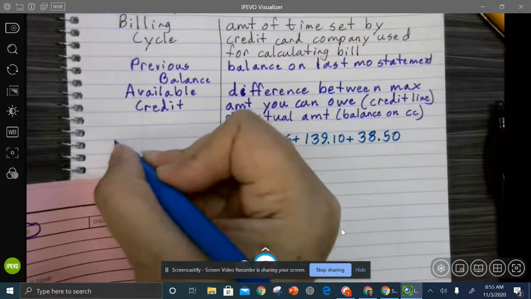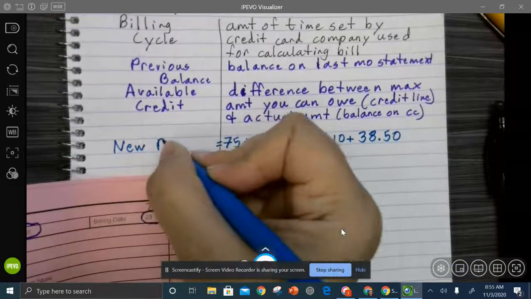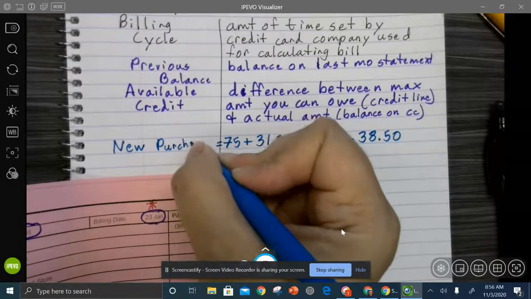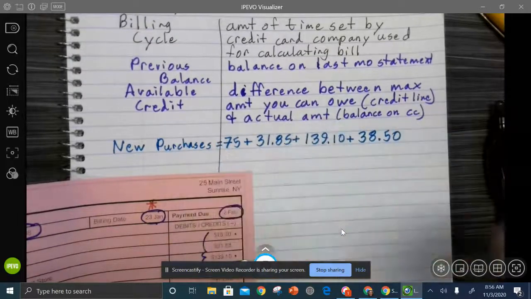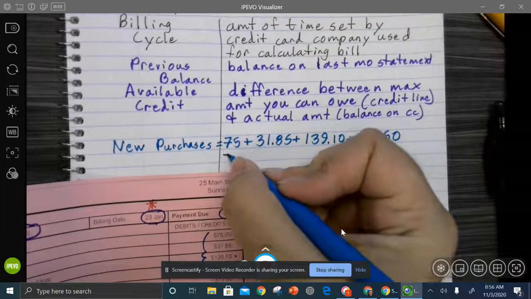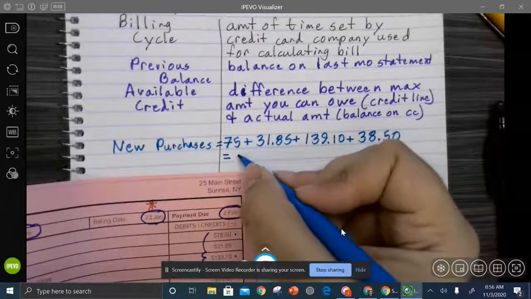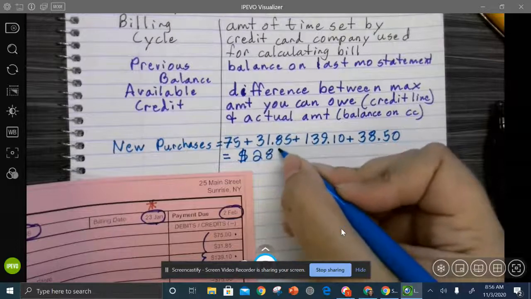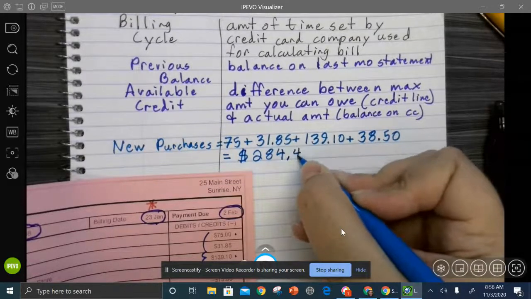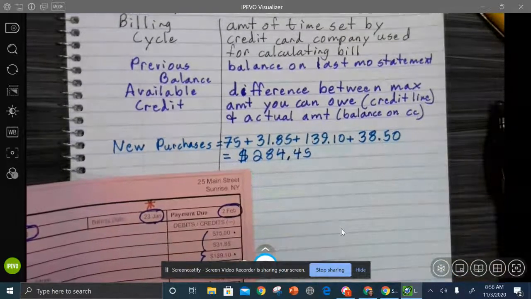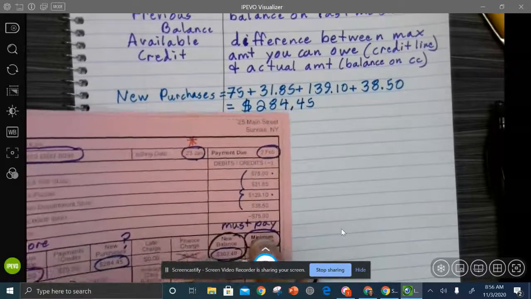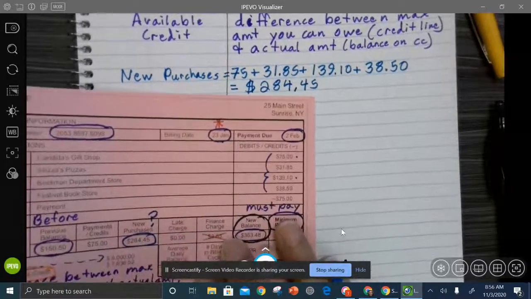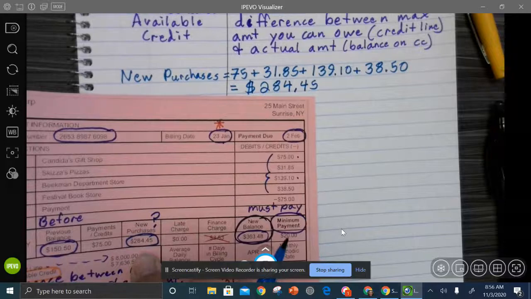Okay, this is for new purchases. So we add all those together, and I put that in the calculator, and I got $284.45. Okay, and you can also see, everybody, that that is the amount that is on here for new purchases.